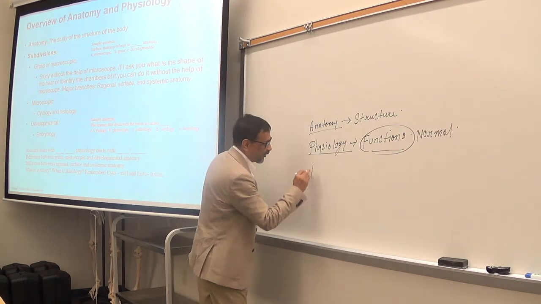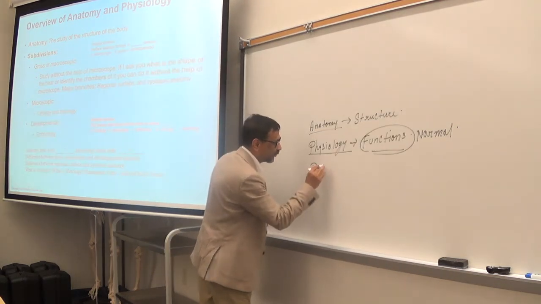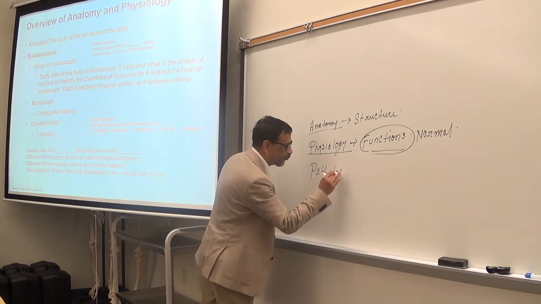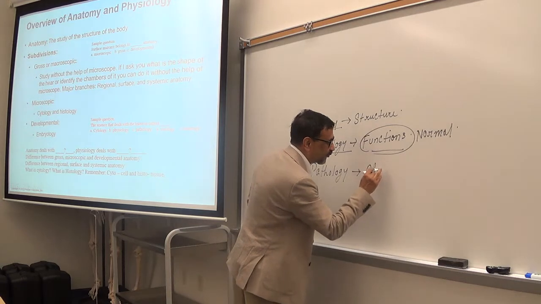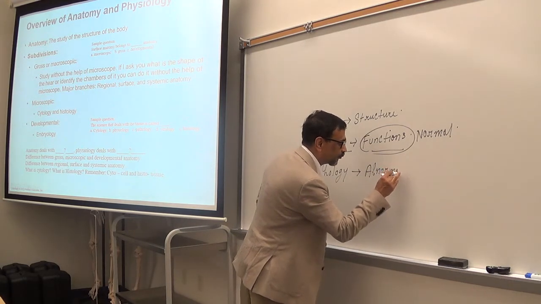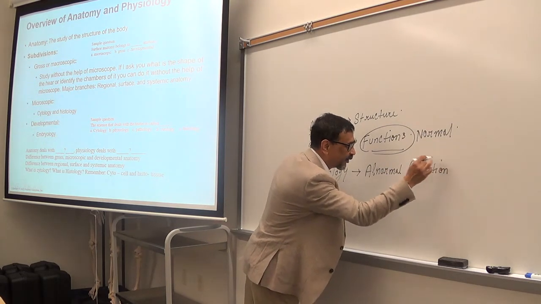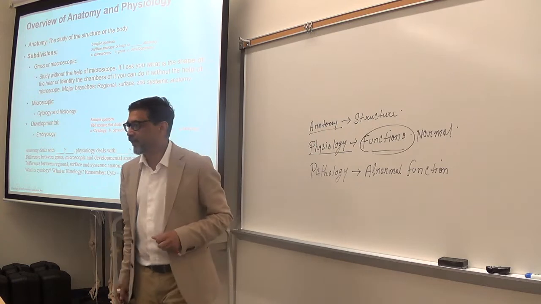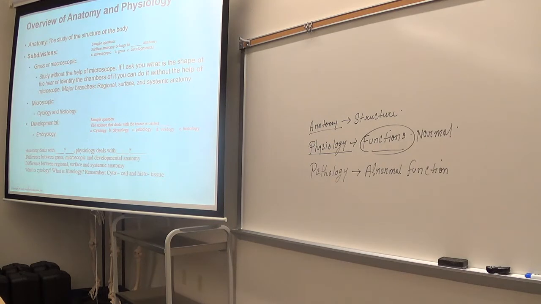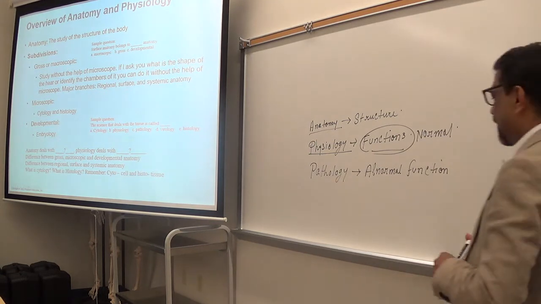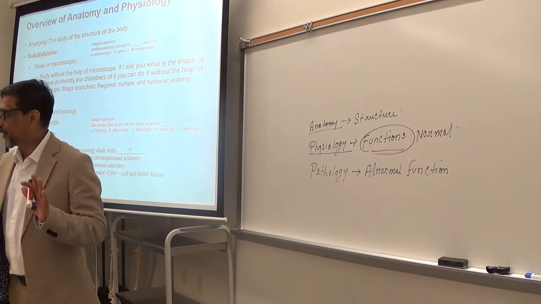There is another division of medical science that is called pathology. Pathology is abnormal functions, not normal. So you know the difference between physiology and pathology. One is normal function, another is abnormal function. Now, your heart beats 70 to 80 times, right?